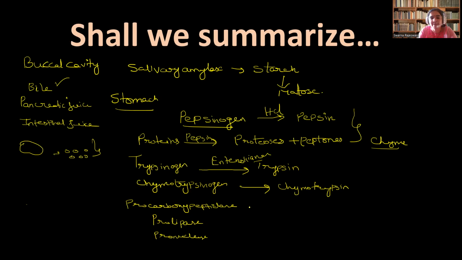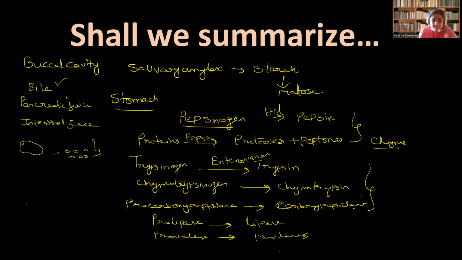Okay. This procarboxypeptidase also will be converted into active carboxypeptidase. Prolipase is also converted into lipase, and pronuclease is also converted into active nuclease. Now these trypsin, chymotrypsin, carboxypeptidase, lipase, as well as nuclease are now active enzymes. They are now ready to act on the following substrates.